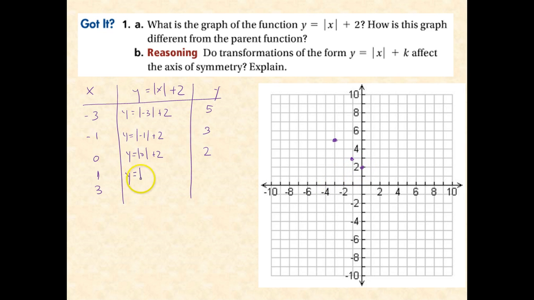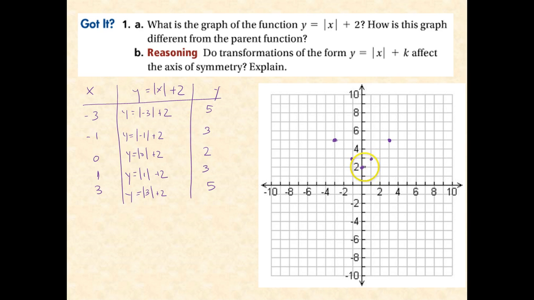When x equals 1, absolute value of 1 plus 2 is 3. So we get the point 1, 3. And when x equals 3, absolute value of 3 is 3, and 3 plus 2 is 5. So we get the point 3, 5.